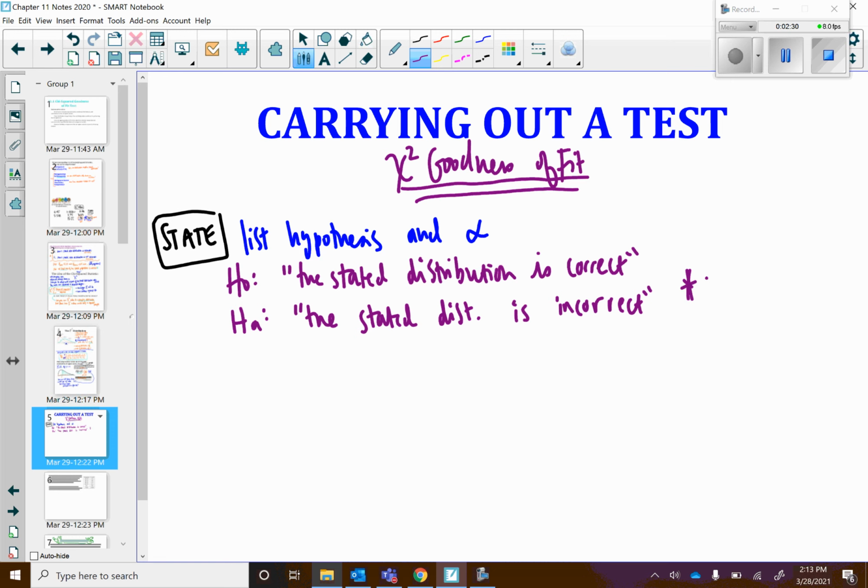As always, we want to give context and define any variables, though very likely you won't be defining any variables in this step. Also back up to our significance level, the most common, 5%, that doesn't change.